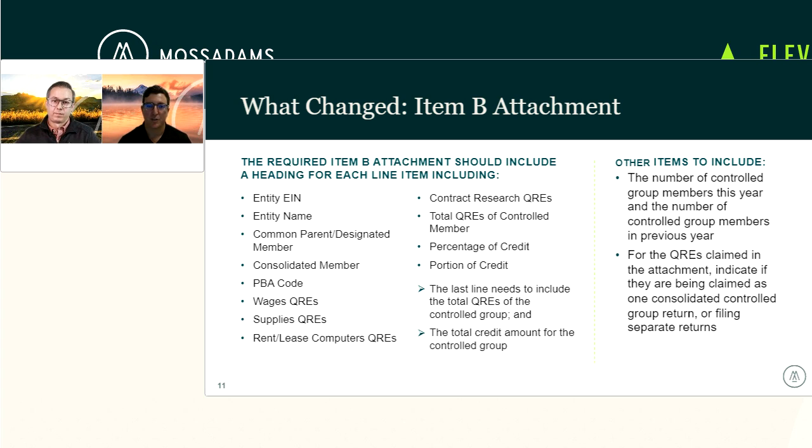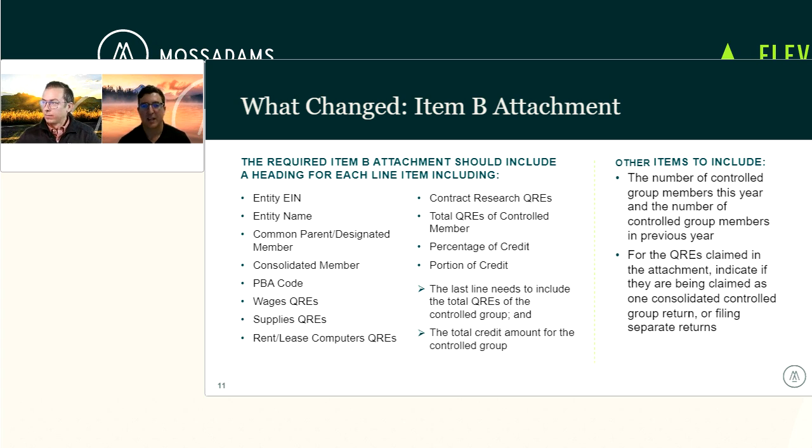You're going to show the qualified wages, supplies, computer rental, contract research, and the total QREs, qualified research expenses, for each member. You're also going to show the percentage and portion of the credit for each member and the group totals. You also have to identify the number of controlled group members in the current year and the previous year.